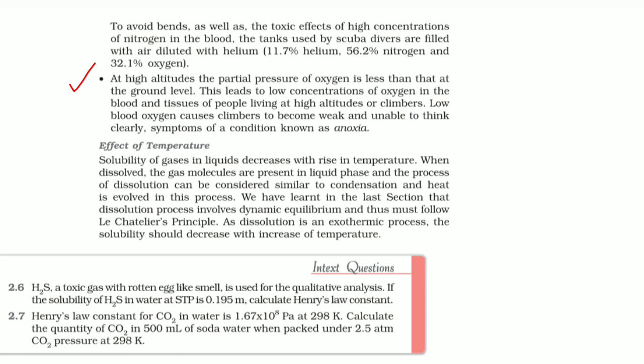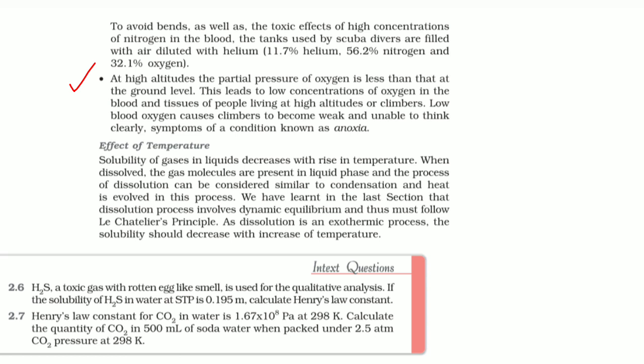Because of the lower pressure at higher altitudes, they suffer from low oxygen concentration, because the pressure is very low. That means the oxygen cannot go into the blood easily, so the concentration of oxygen inside the blood is not sufficient, and they face some problems.